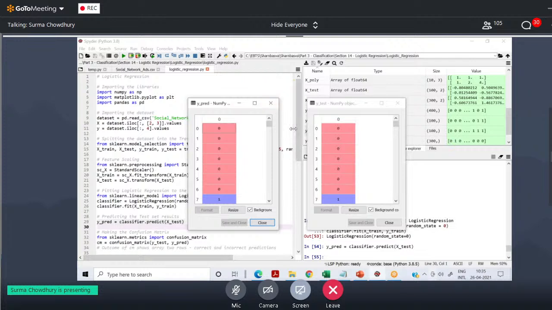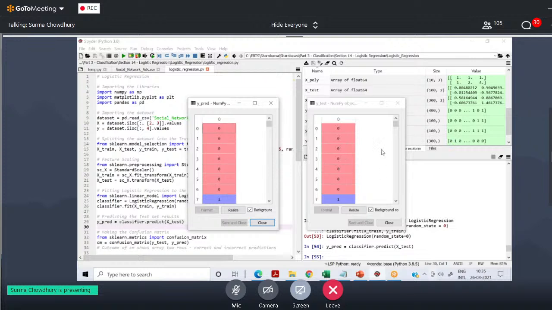Now there are around 100 records. We'll not go through all 100 records, but just as an example, where my actual y data is 0, that means he's not buying the car, y pred also says he's not going to buy the car. These are all 0, so it is nearly matching. The model is really predicting the actual data.